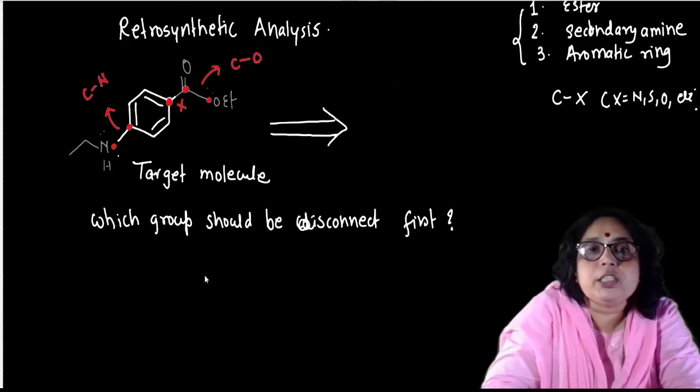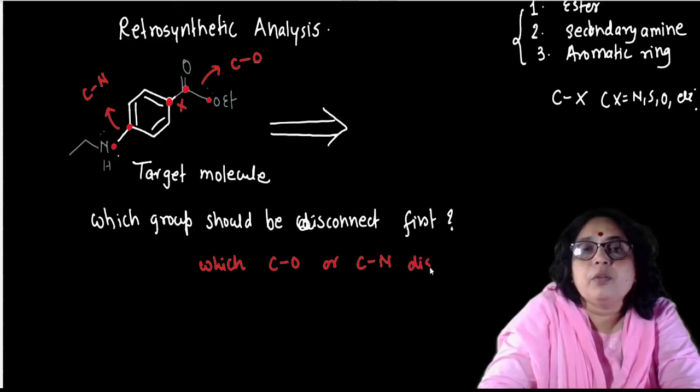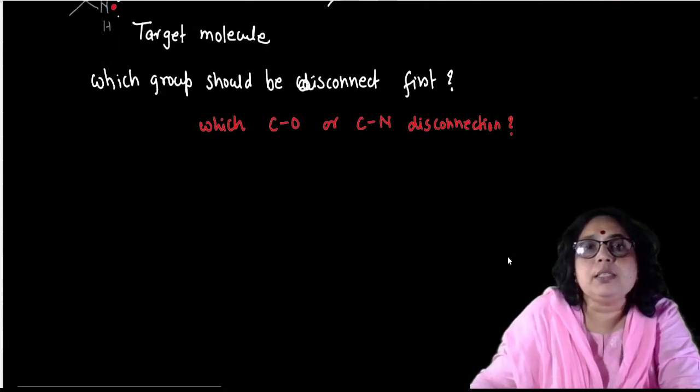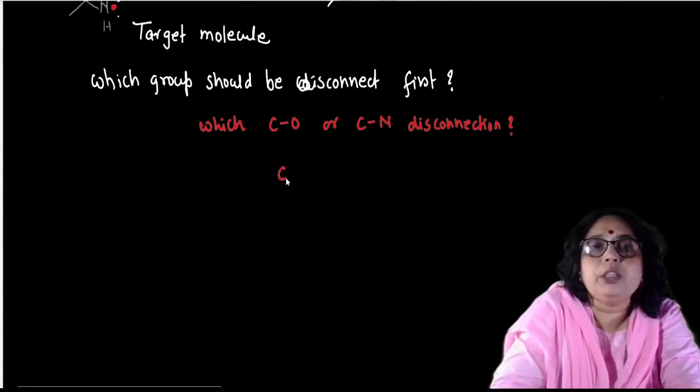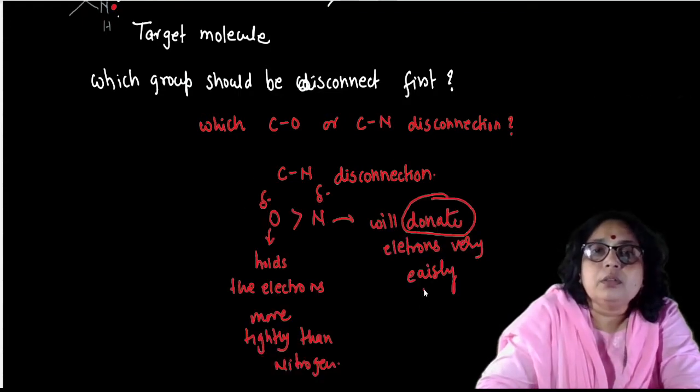So which disconnection should I consider, CO or CN? Which disconnection will be first? Now the answer is I can go with CN disconnection.